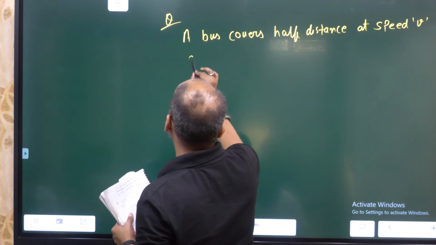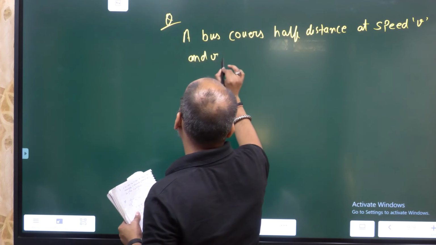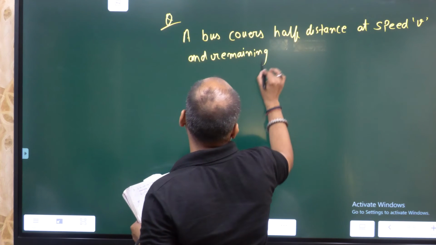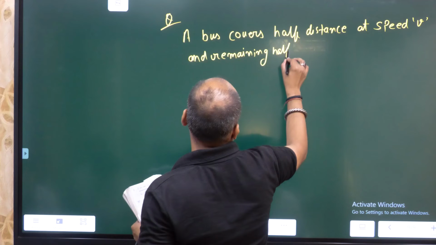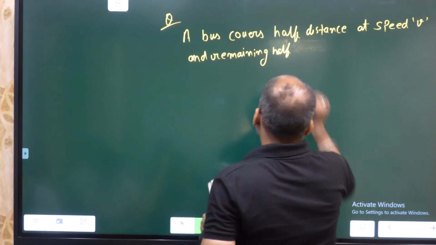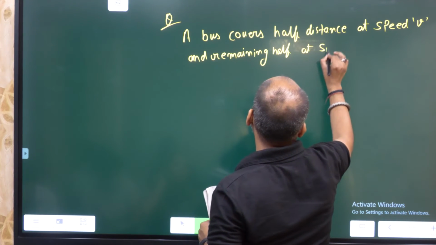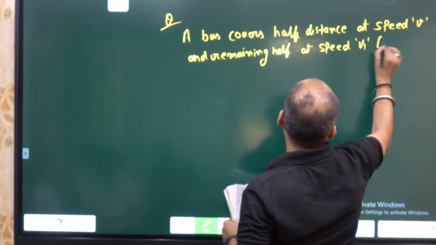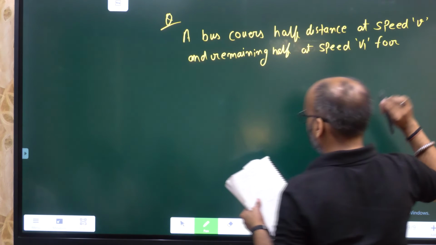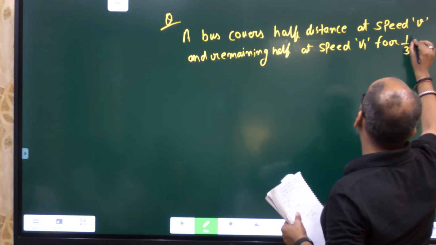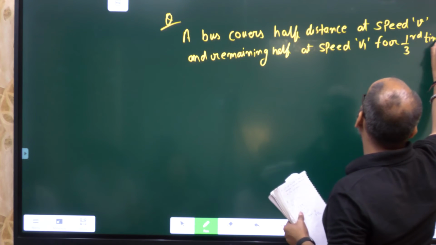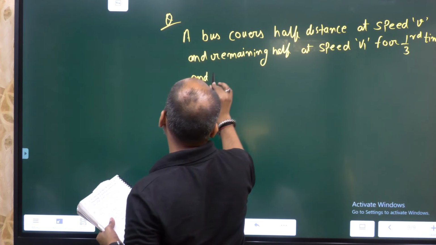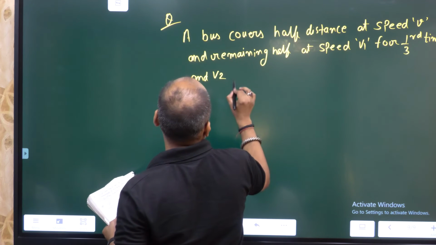And the remaining half at speed v1 for 1/3 of the time and v2 for 2/3 of the time.